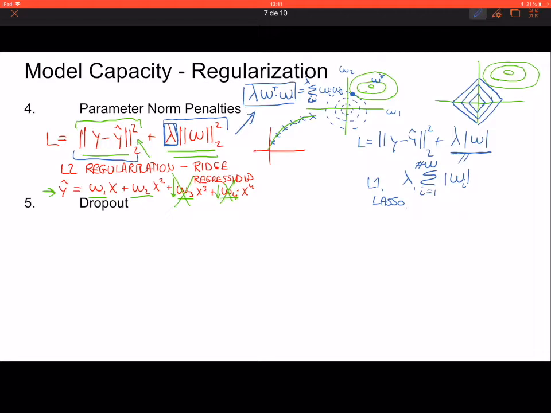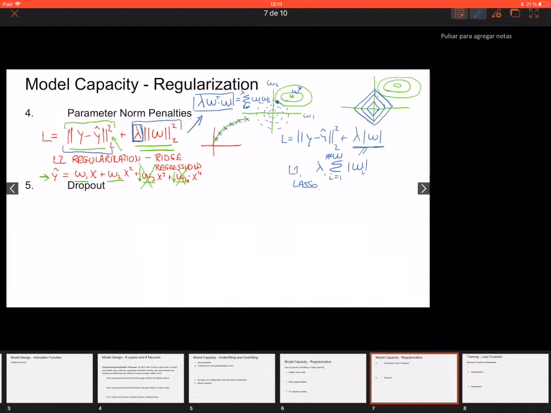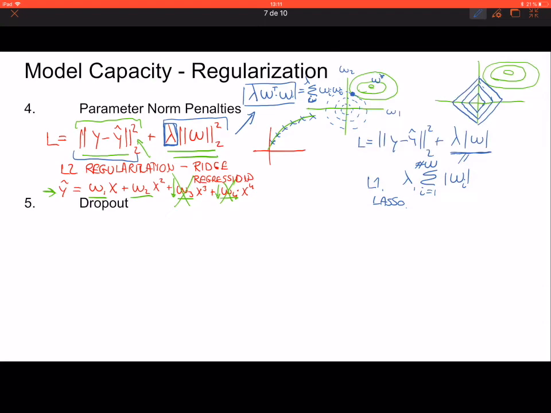And then what we see is that the intersection point between my loss, this guy here, and this guy here is likely to be at one of the vertices, because these vertices will actually intersect the curve before any of the edges.